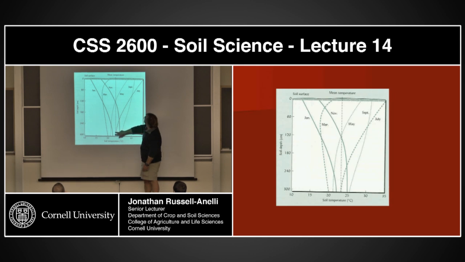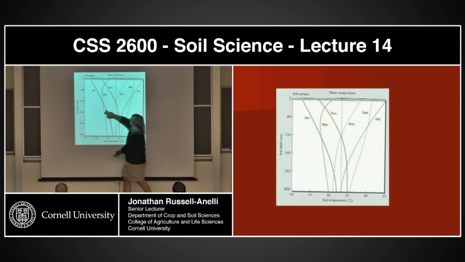Okay, May, June, July, and then we start having September. Okay, the surface starts cooling down, the bottom is still heating up. This is still colder than that, so there's certainly energy being transferred down.